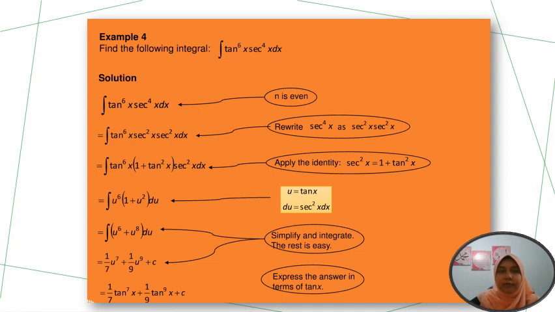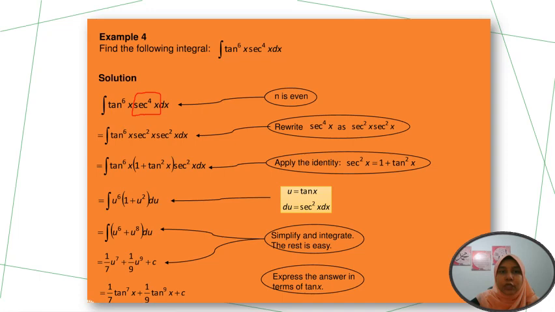Okay, look at example 4. Find the following integral: tangent x to the power of 6 times secant x to the power of 4 with respect to dx. We know that the power for secant x is an even number. It's the power of 4, so it is even.